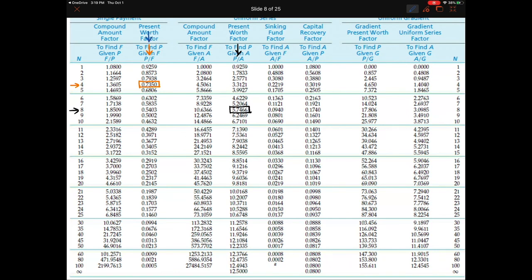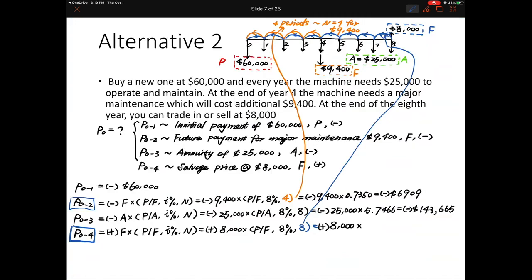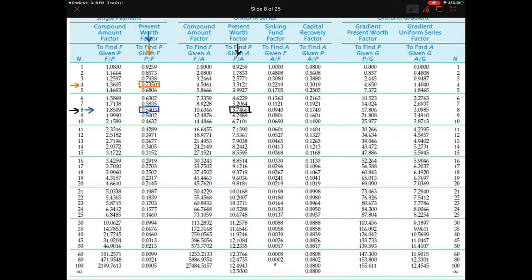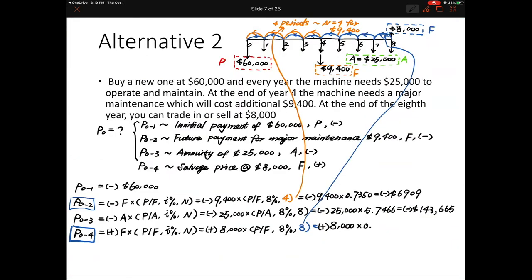It's to find the present value given future value. So this column, but the number of years is 8. So this is going to be your factor, and that factor is 0.5403.